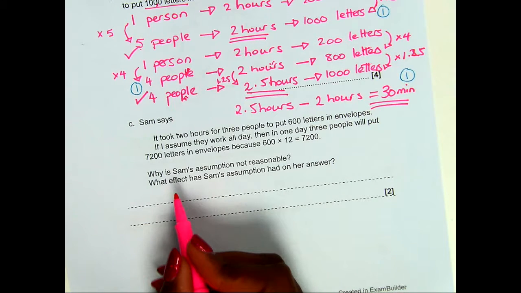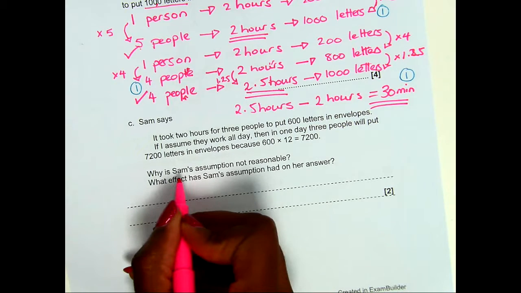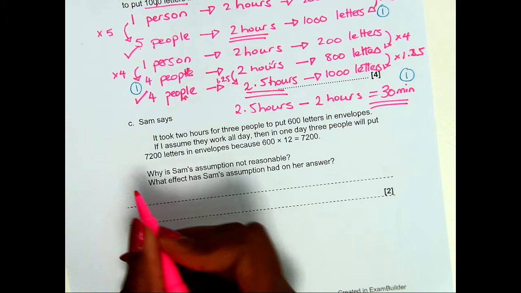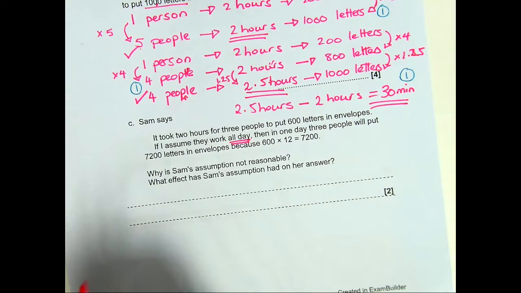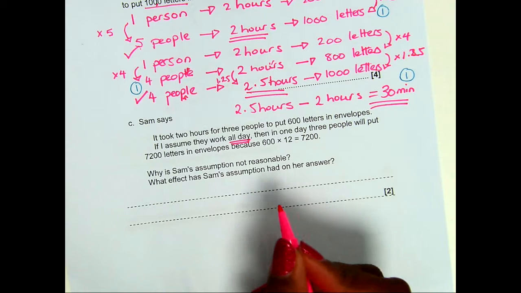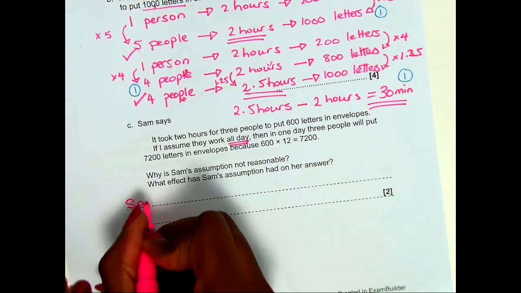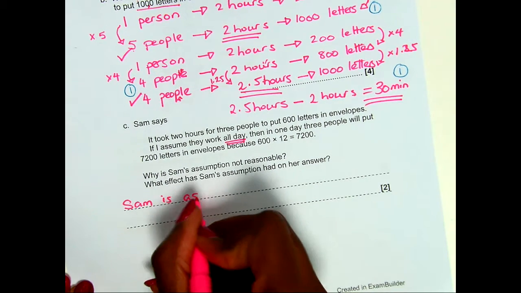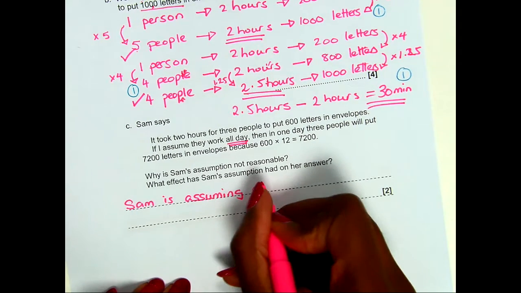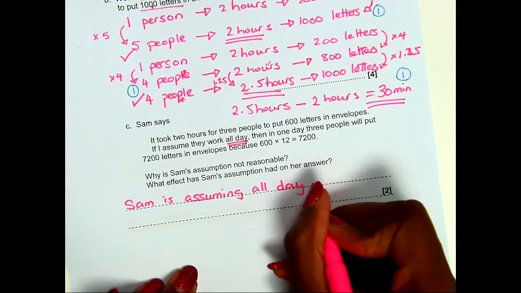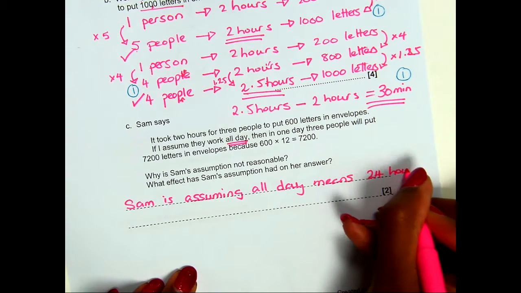Now, the reason why Sam's assumption isn't reasonable is because Sam is assuming that a whole day, or all day, means 24 hours, okay? So I would write down: Sam is assuming all day means 24 hours.